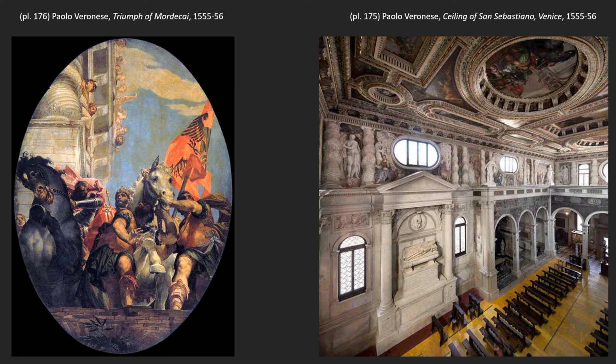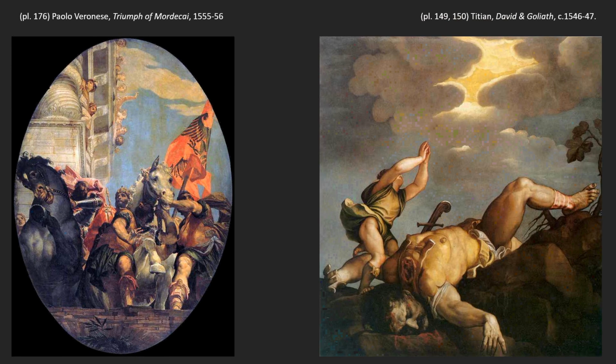Now, again, for a ceiling decoration, looking back at Titian, we didn't look at this one when we went over Titian, but this is the ceiling of the Church of Santa Maria della Salute in Venice, and it's a ceiling decoration.